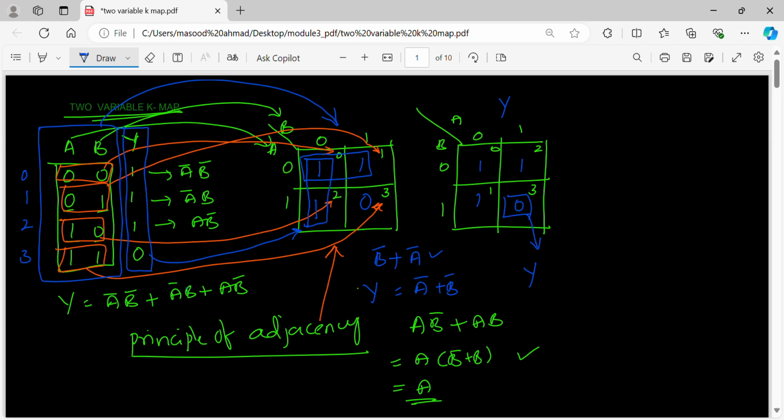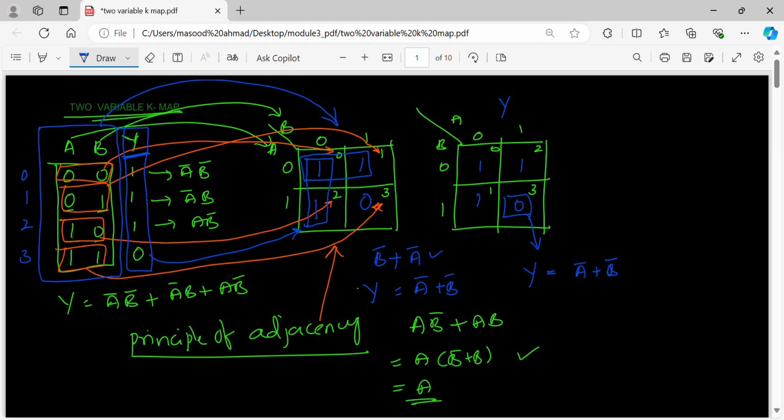The K-map is for the output values, and the map represents inputs, so you get the output expression in terms of inputs. On the whole, what I get here is A bar plus B bar.